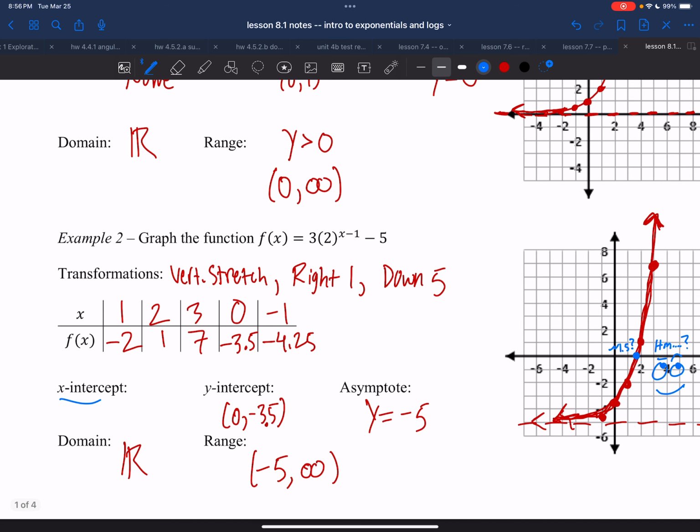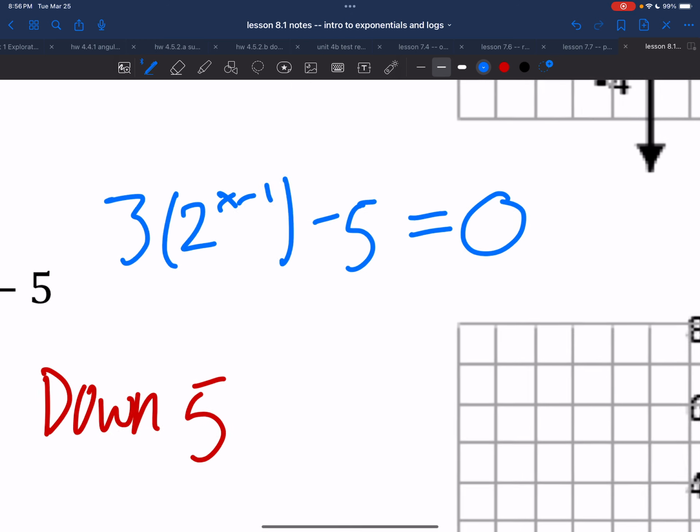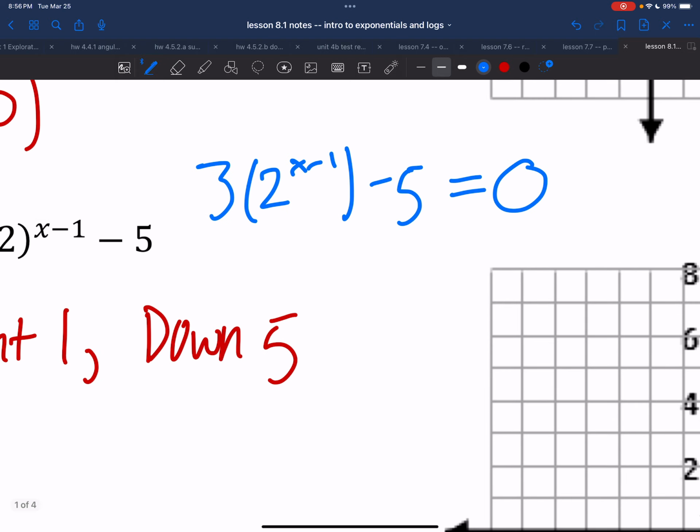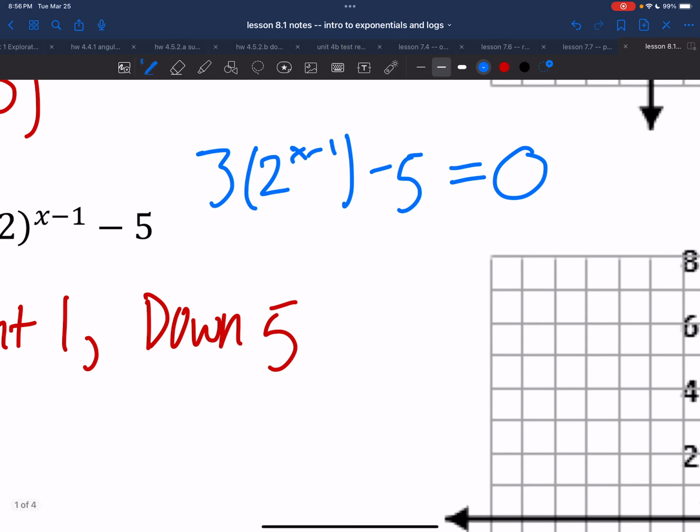So how do you find x-intercepts? To find a y-intercept, you set x equal to 0. To find an x-intercept, you set y equal to 0. So you say 3 times 2 to the x minus 1 minus 5 set equal to 0. Then this is an exponential equation to solve for the x-intercept. So how would I do that?